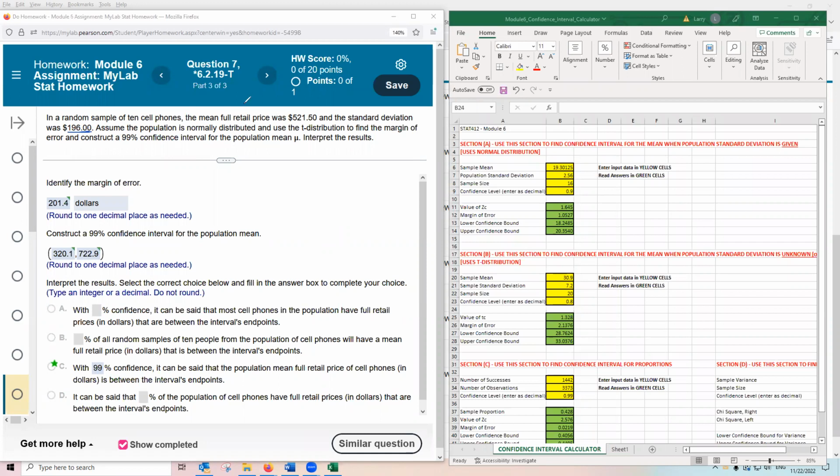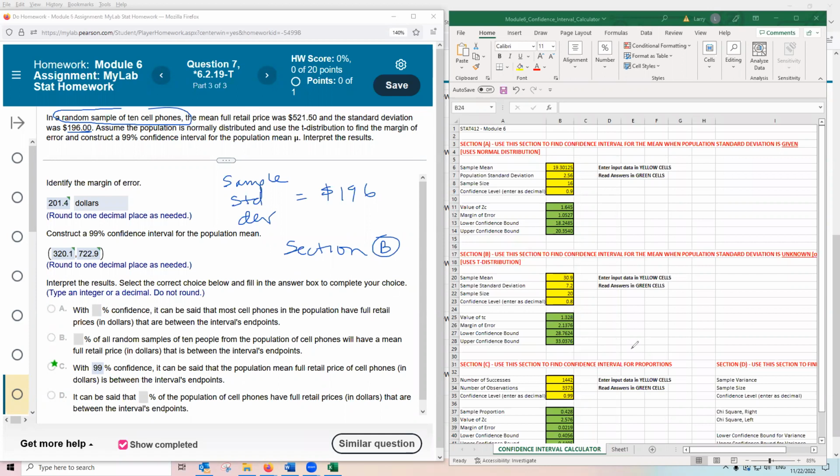But what's implied is the standard deviation is coming from the sample of 10 cell phones. So again, this is a sample standard deviation they're giving us of $196. That means I want to use section B in this Excel calculator. Remember, section A is only when you know the population standard deviation.